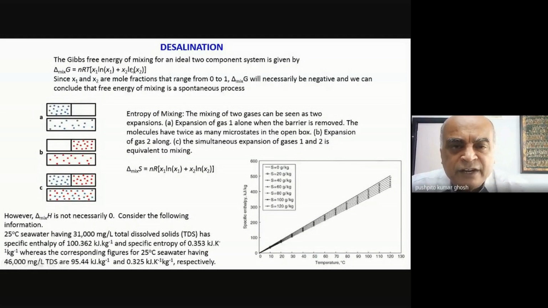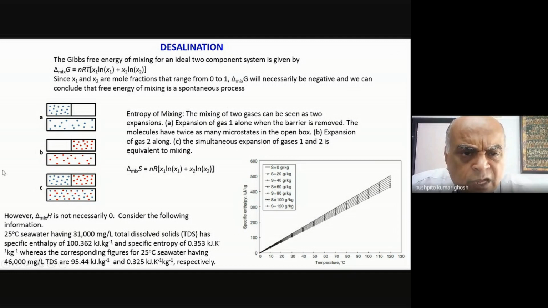That's the reason why the mixing process is spontaneous, because delta G is negative, and the converse process is non-spontaneous. Demixing is an unfavorable process, and therefore you require an external energy input to do it.